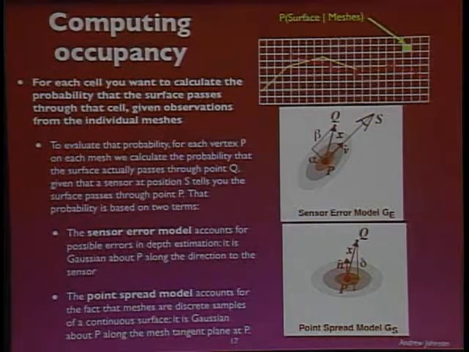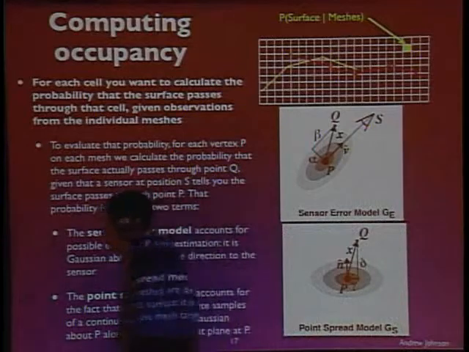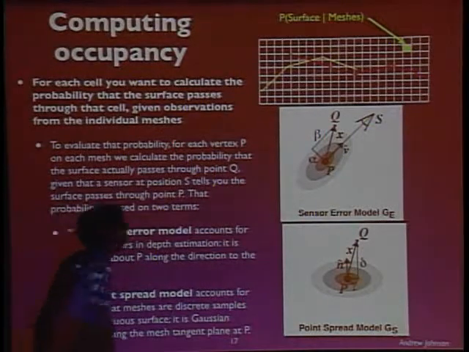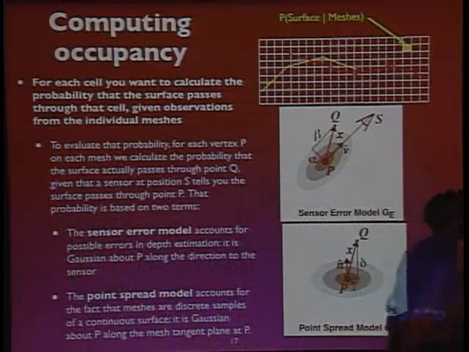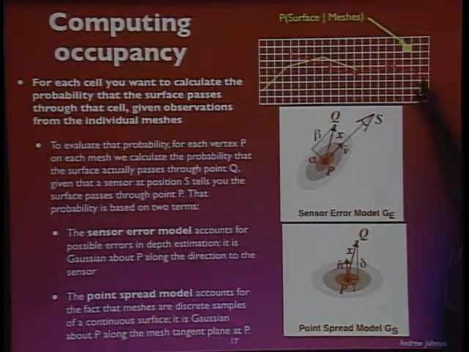Now, how do we evaluate this probability? Well, one thing that you need to do is consider how you generated your data in the first place. In particular, you don't want to assume that the data in each one of your individual component meshes is perfect. When I measure the positions of 3D points from the surfaces I get out of my scanner, I say that the position of this point is right here, when really I'm not 100% sure.